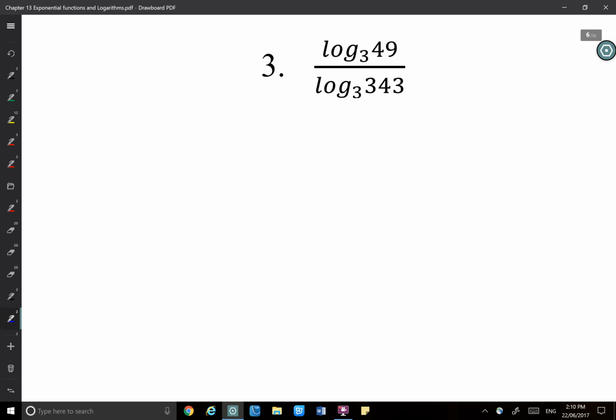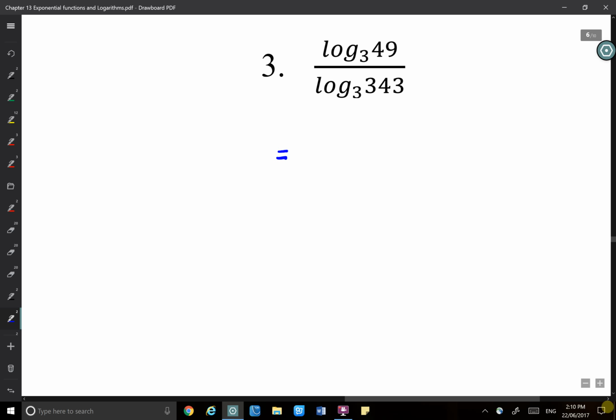What's 343 actually? 7 cubed. If 49 times 7, you have 343. So what we should do is log base 3 of 7 to the power of 2, divided by log base 3 of 7 to the power of 3.